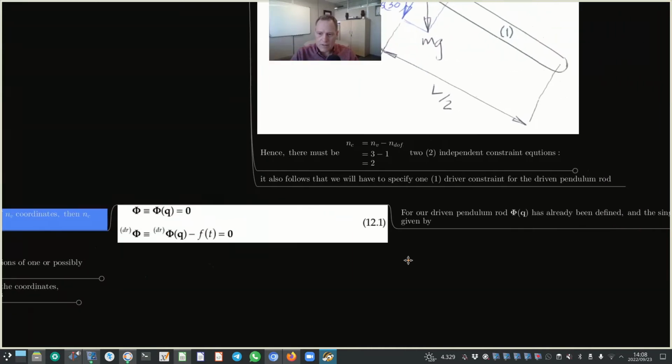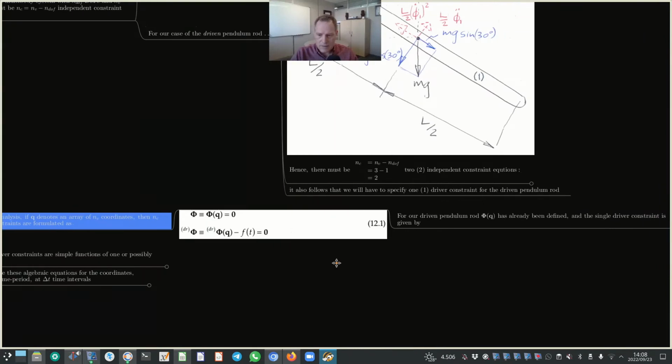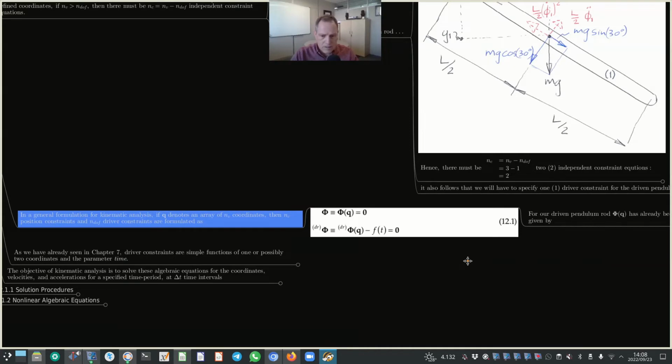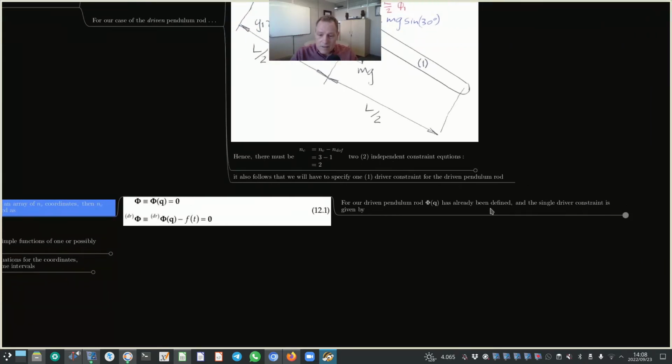Now for our driven pendulum rod, the top equation, boldface phi as a function of q, our position constraints have already been defined, and a single driver constraint is given by the following. I actually already showed the position constraints just now.